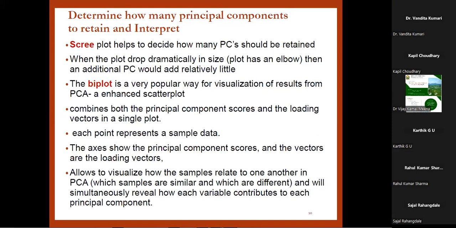One is for the principal component scores, and the other axis shows the vectors and the vector loadings. So what does it help with? The biplot allows us to visualize how the samples relate to one another in a PCA, that means which samples are similar and which are different. It is revealed by this biplot, along with how the variables contribute to the principal components.